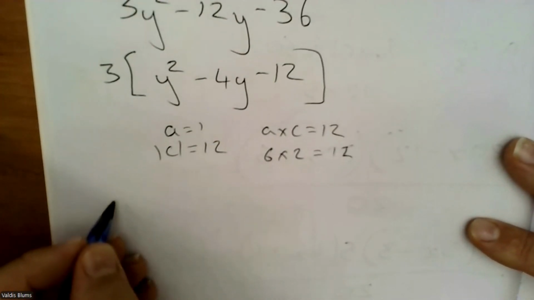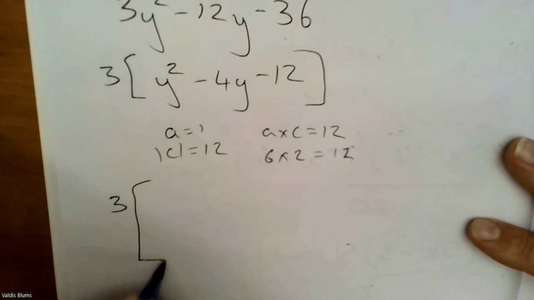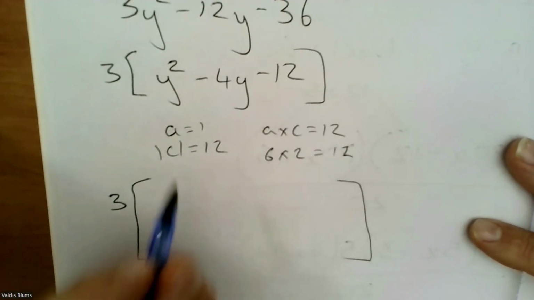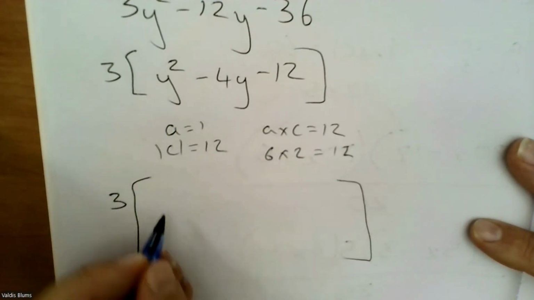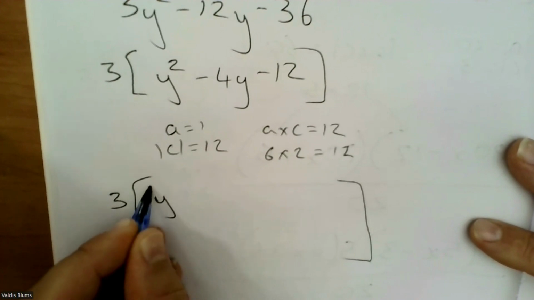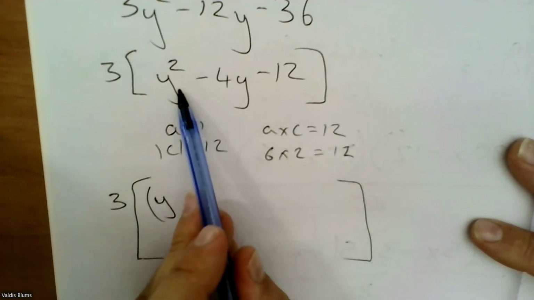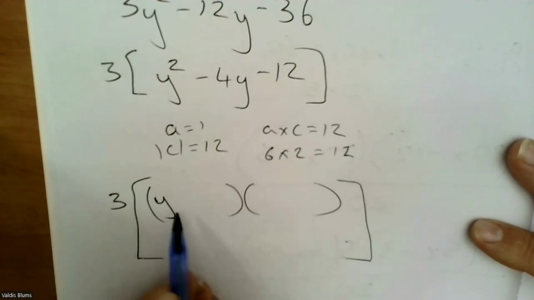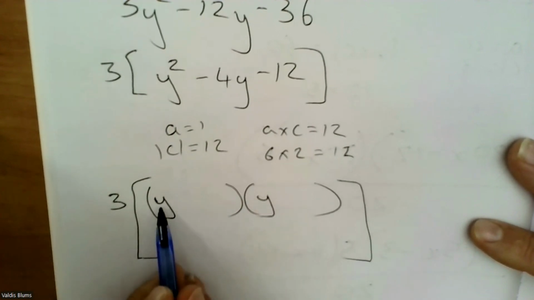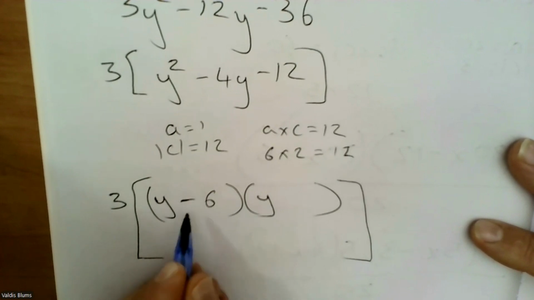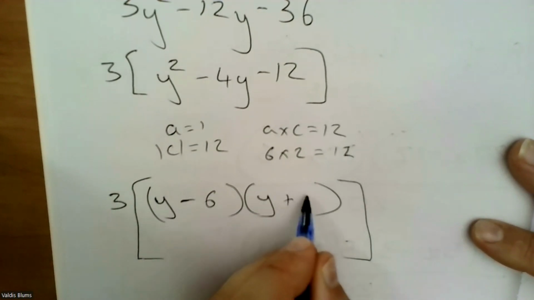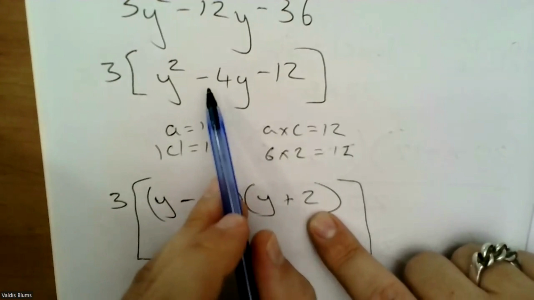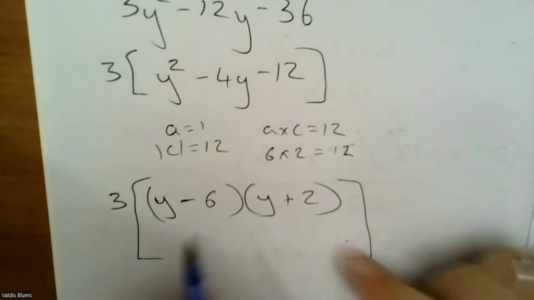Now, writing this in the Australian method, we have 1y at the front. So y, and we're going to have two sets of those brackets. And you're going to have y minus 6, y plus 2, so minus 6 plus 2 gives us that negative 4.